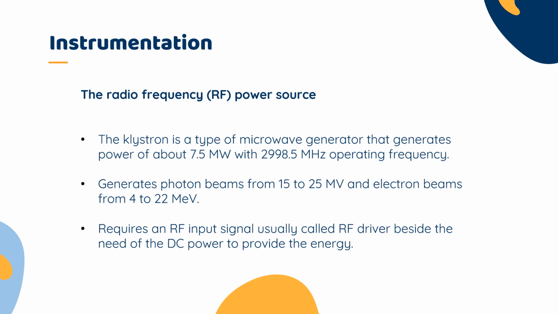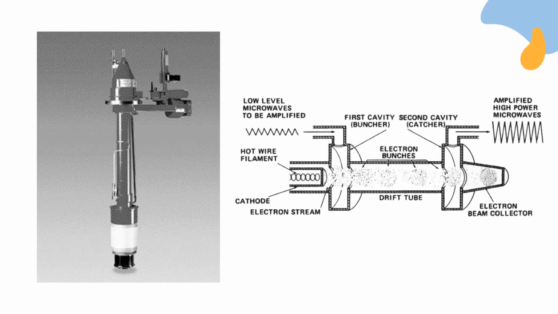The klystron structure is a tube organized as a straight line shape with RF cavities and has a cathode using the thermionic emission mechanism to generate the electrons. Here in these two pictures, on the left we can see the actual klystron, and on the right we can see the schematic of a klystron.